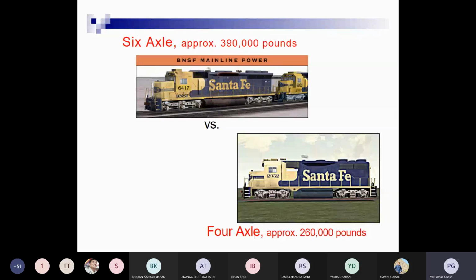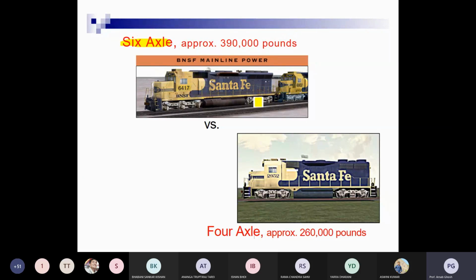Okay, in my first class I told you about the number of axles. That was, you can see, 6 axle. So 6 axle means one, two, three pairs of front wheels, so on the front side 6 wheels are there. Those 6 wheels will be held by 3 shafts from the front side, and the back side another 3.